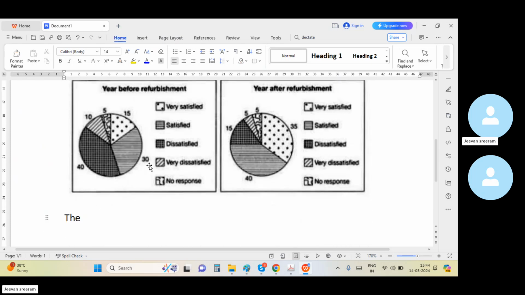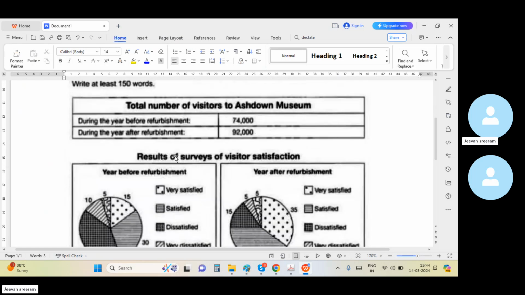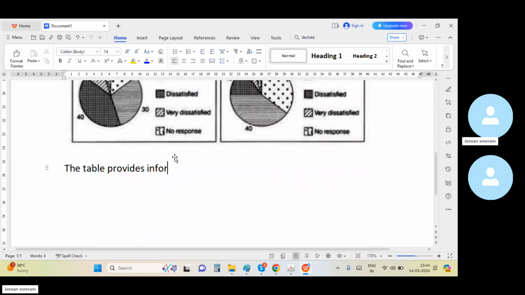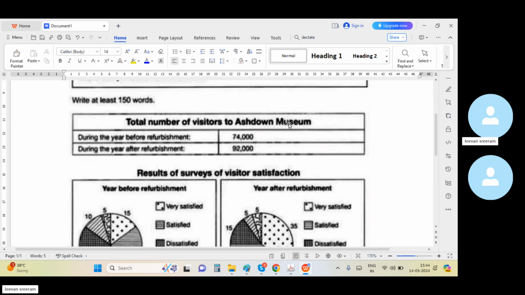First one, table, right? The table provides information about the total number of visitors to Ashdown Museum. So visitor can be rewritten as the number of people who visited the Ashdown Museum.